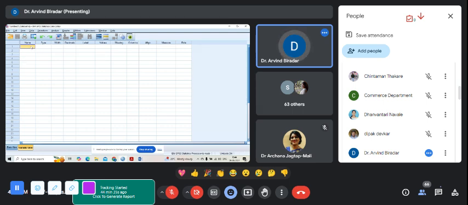Directly I can take it. One is the income. Numerical, decimal point is 0. This is a scale. Okay. And expenditure.